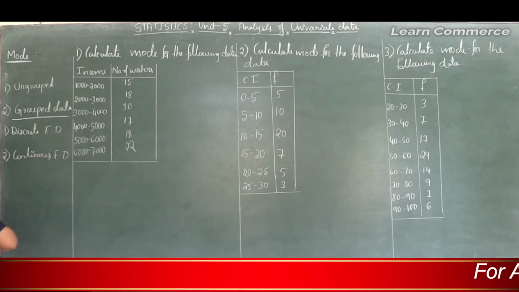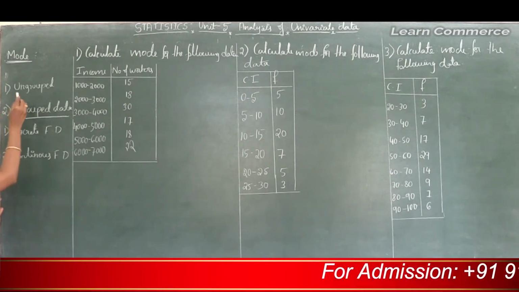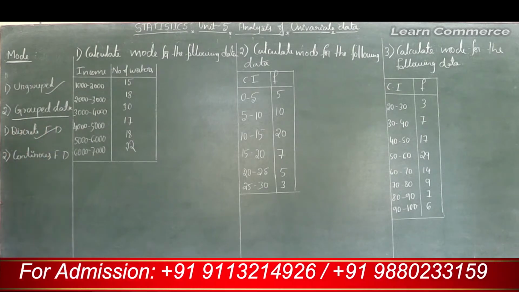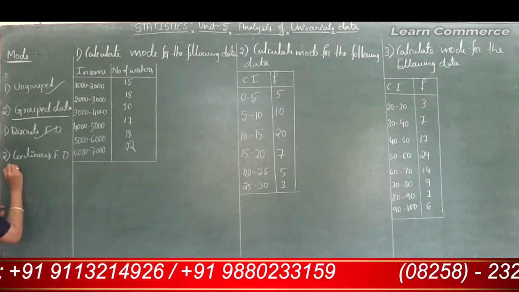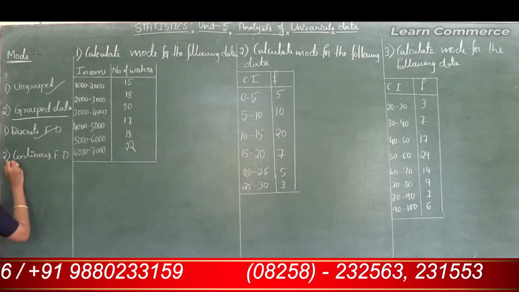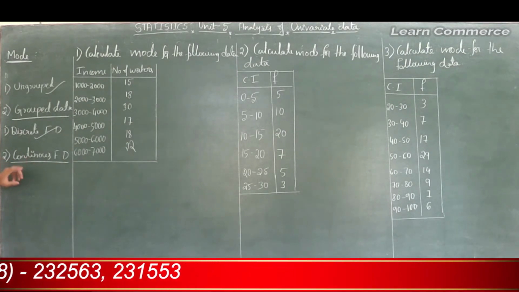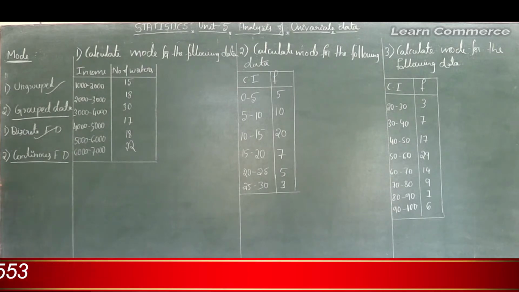In the previous class we had discussed the calculation of mode in case of ungrouped data and discrete frequency distribution. In this class we are going to discuss the calculation of mode in case of continuous frequency distribution. To calculate mode, there are some important steps.